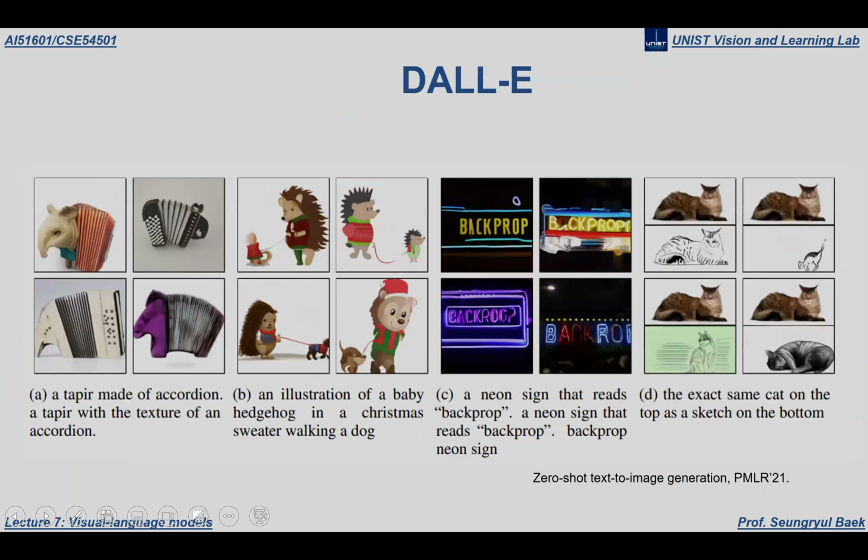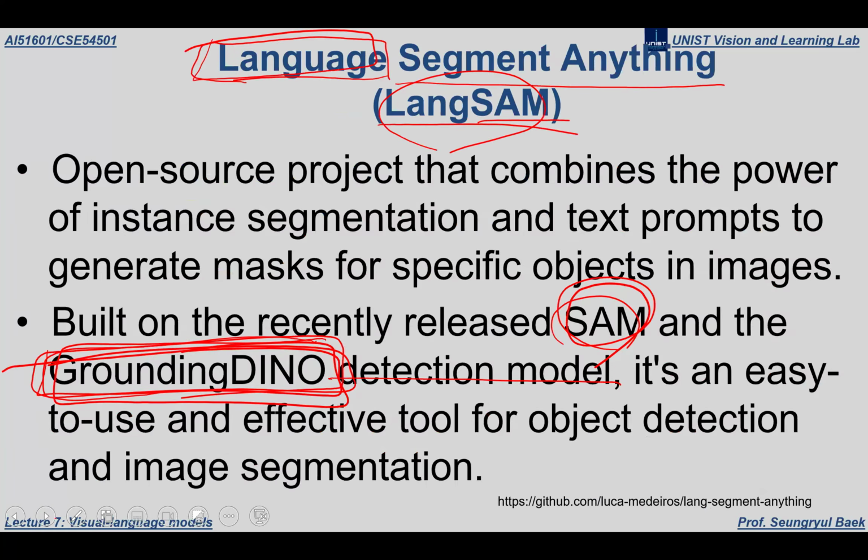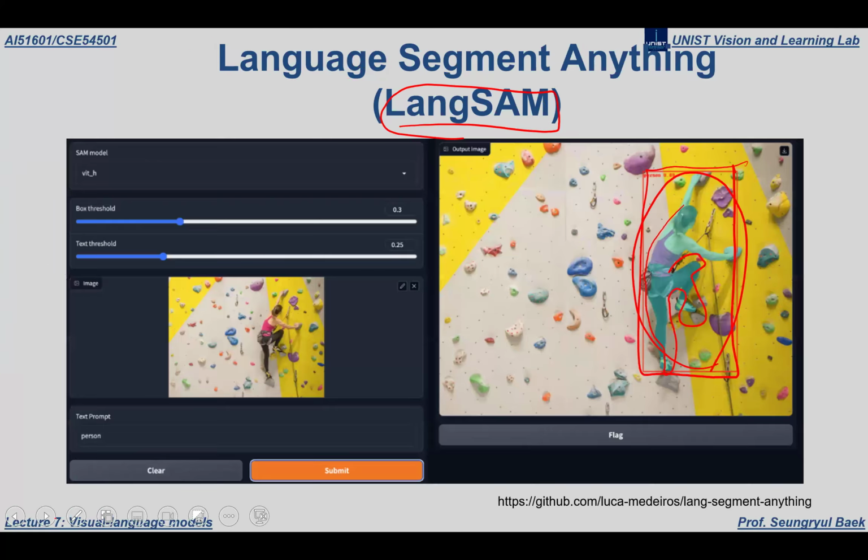Okay, those are some algorithms that are aligned with text signals. So now in the computer vision domain, algorithms can perform open set object detection, segmentation, and image classification by aligning them with the text signals.